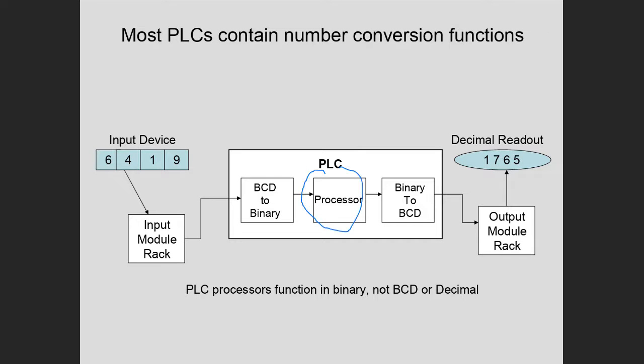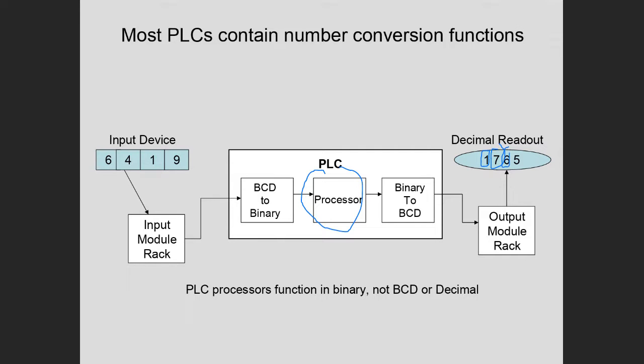Then let's say at that point we want to display digits again. We want to have some kind of output. Maybe I have a 7-segment display and I want to display the number 1765. Over here on the decimal readout, I have four numbers. Each one of these numbers is a 7-segment display, and it does not understand weighted binary.